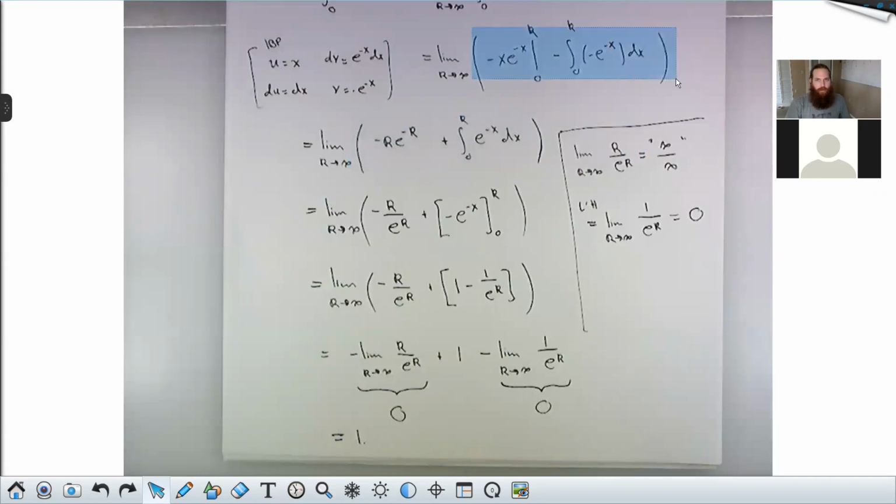All right, this is the original IBP output. I evaluate the first piece to this. I clean up the second piece to this. Then from here to here, I just evaluate an antiderivative between bounds, it looks like that. And then I take my limits. And since these pieces both go to 0, the total output is 1.